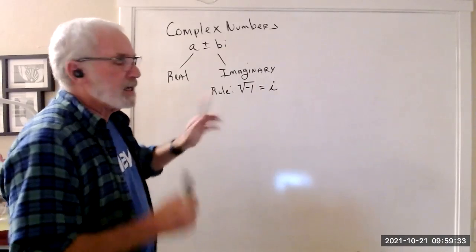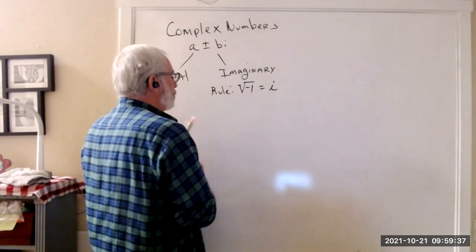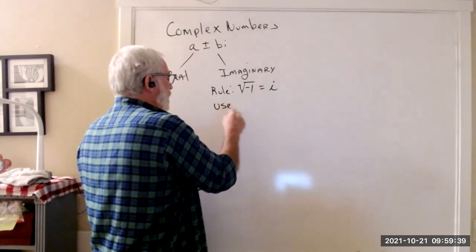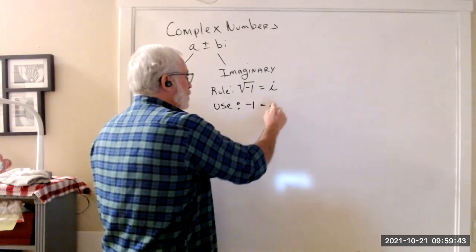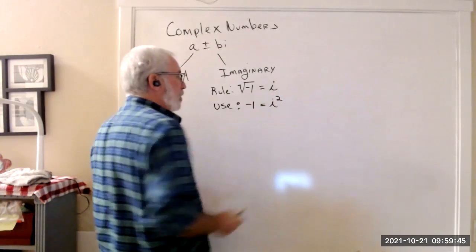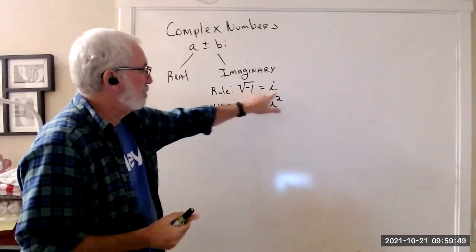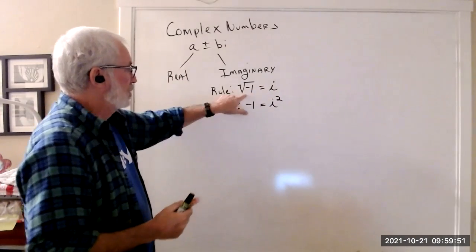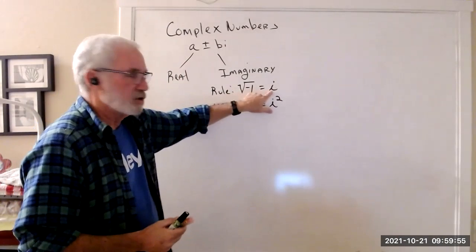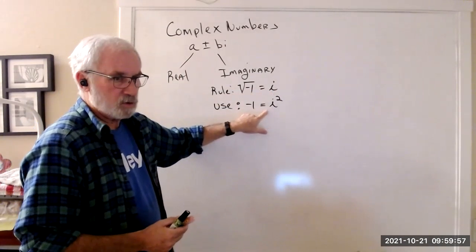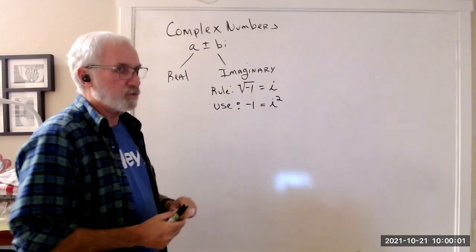However, 99 times out of 100, that may be the rule, but what I said yesterday is we use the fact that -1 is worth i to the second power. How do we get that rule? By squaring both sides. From this rule, if you square both sides, you'll get this rule. Okay, and this is more useful to us.